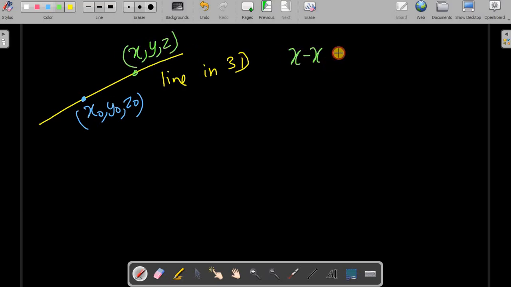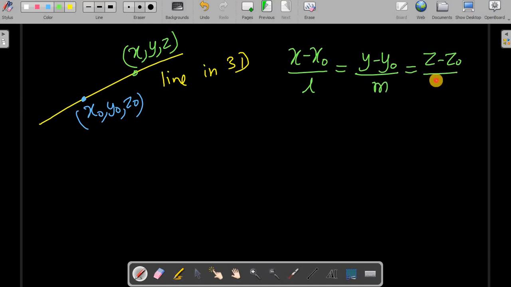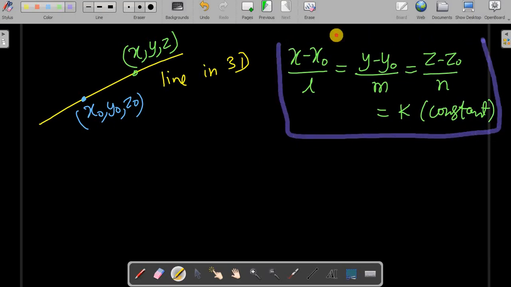Then x minus x0 divided by l is equal to y minus y0 divided by m is equal to z minus z0 divided by n, which is going to be constant, some k. This is how the equation of a line can be given in 3 dimensions.